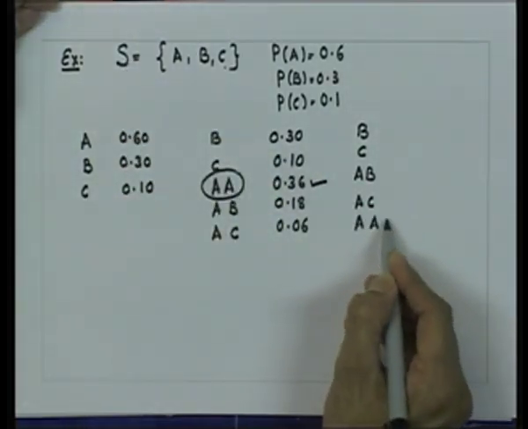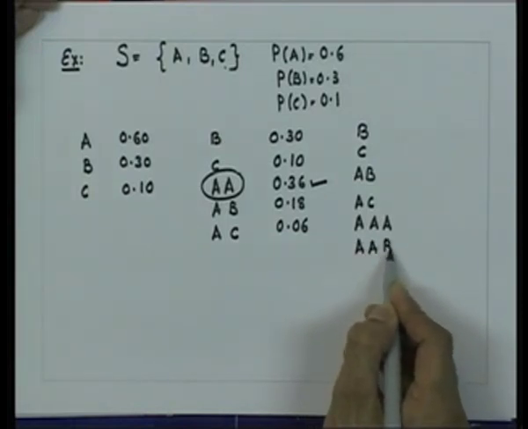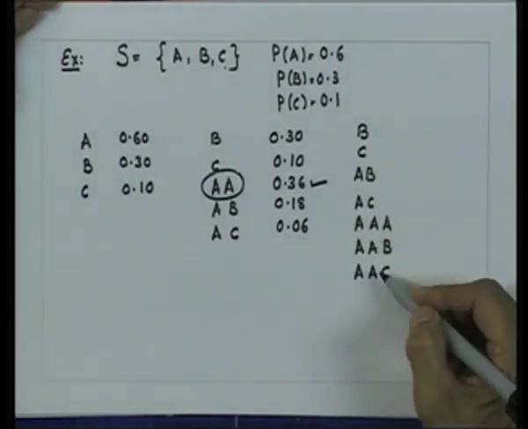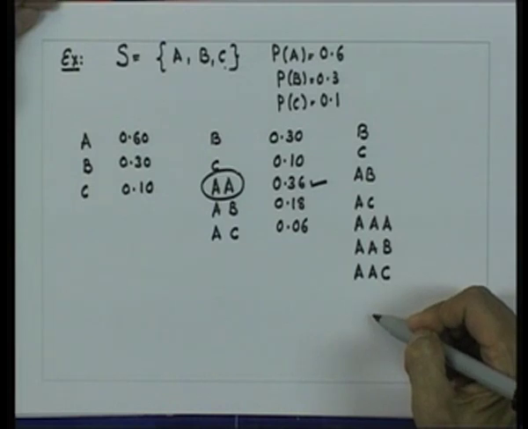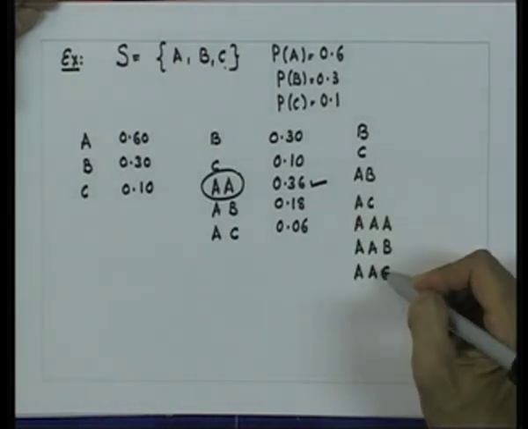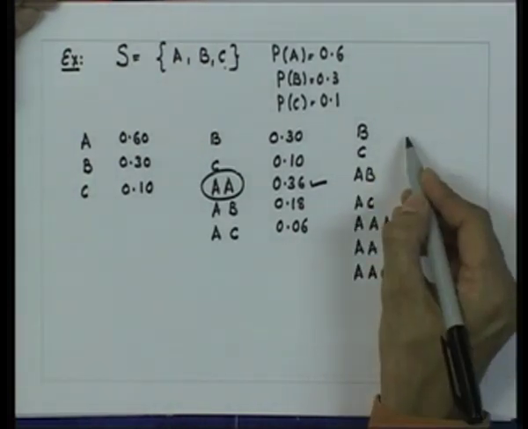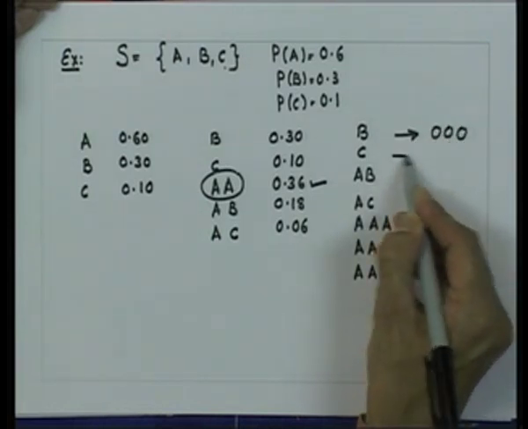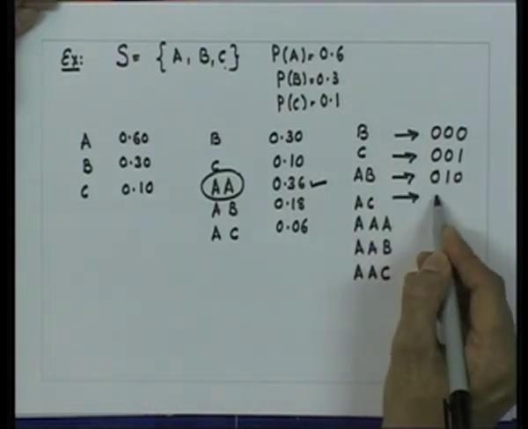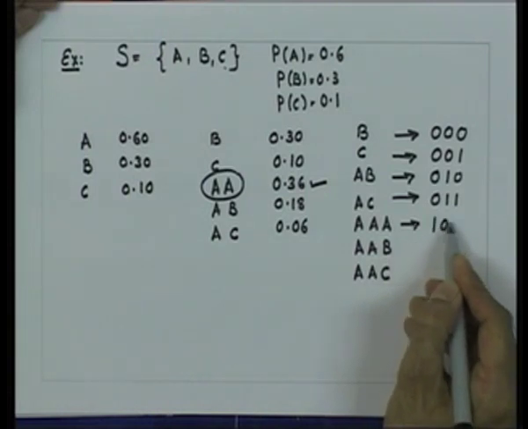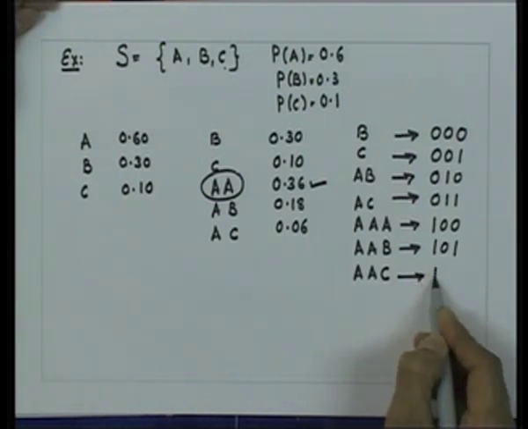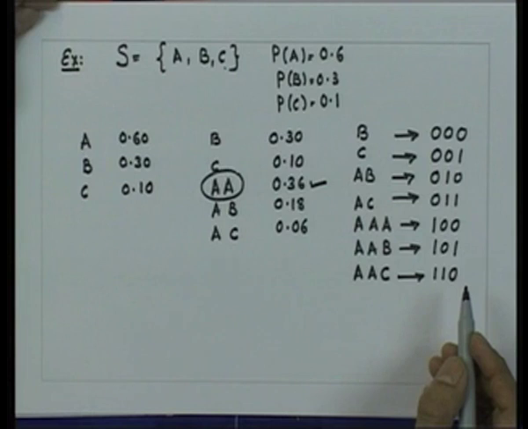So, I get AAA, AAB and AAC, and now if I carry out one more iteration, I will get 9 sequences, and since 9 exceeds 2 raised to 3, I have to stop at this point, and now once I have reached this, I can give the code words as 000, 001, 010, 011, 100, 101, 110.